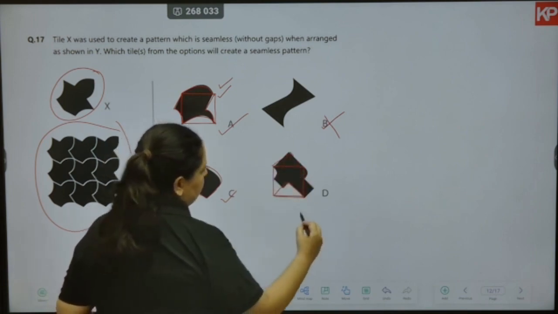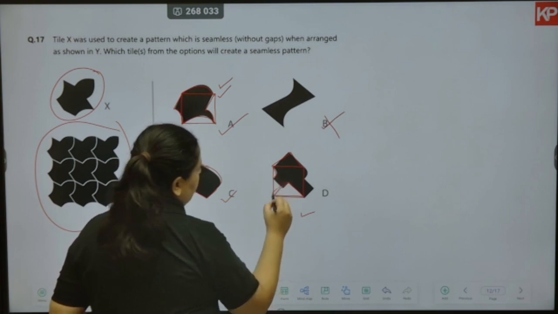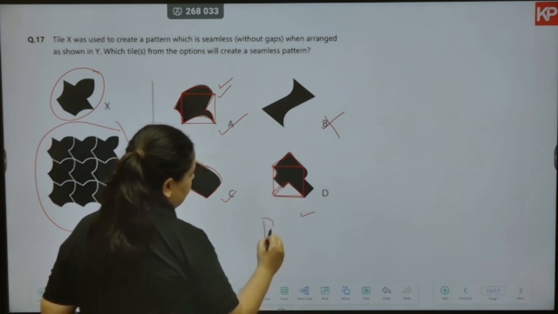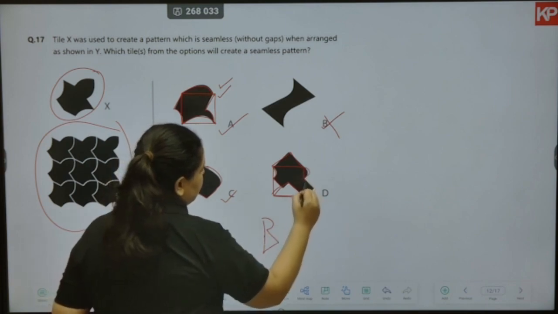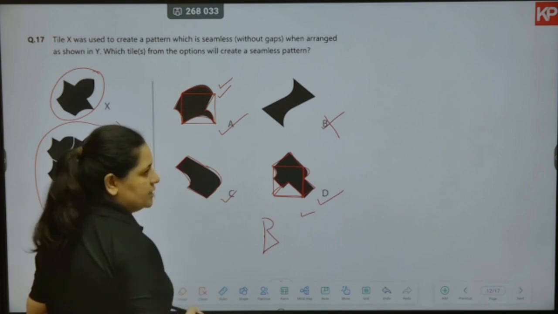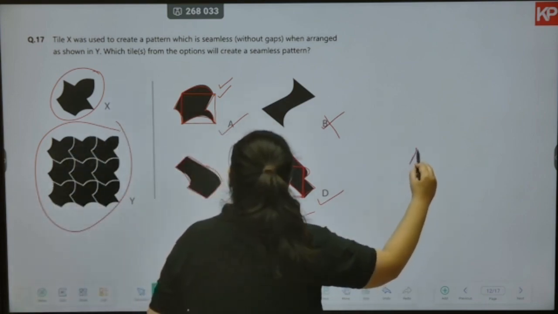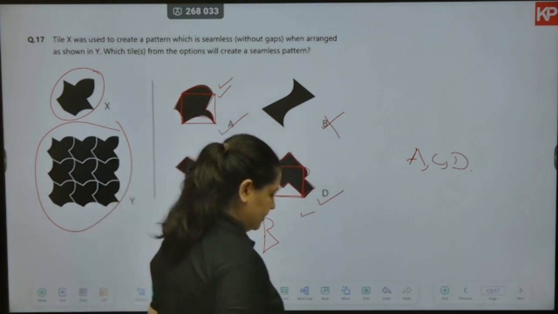So for top and bottom, yes, it can be done. Now we are deducting a shape like this from the left and we are adding the same shape over here on the right. So this is going to tessellate. So the correct answer for us is A, C and D are going to tessellate.